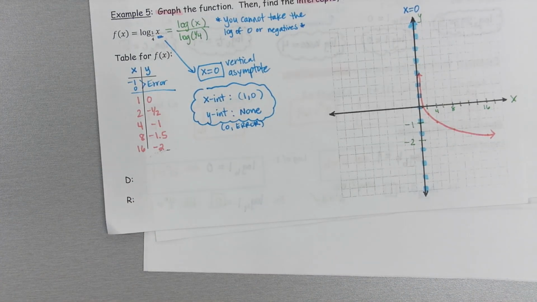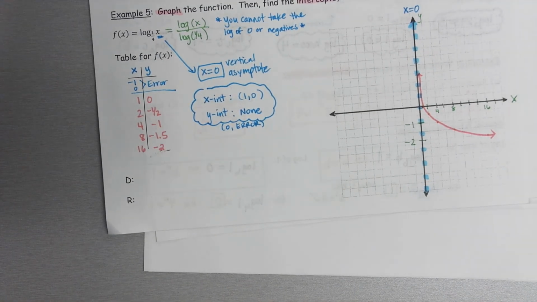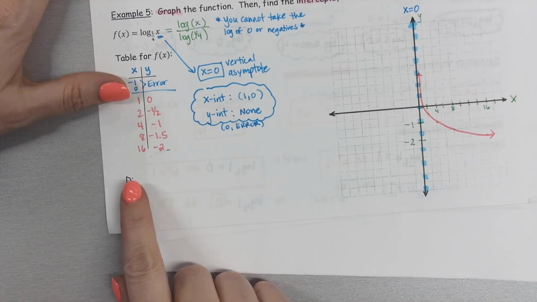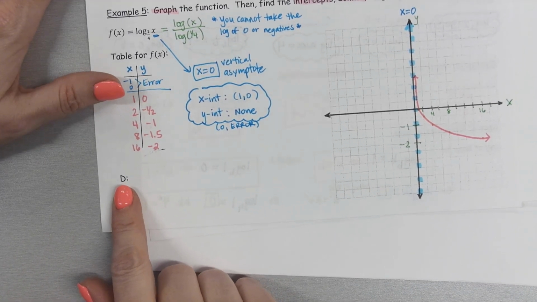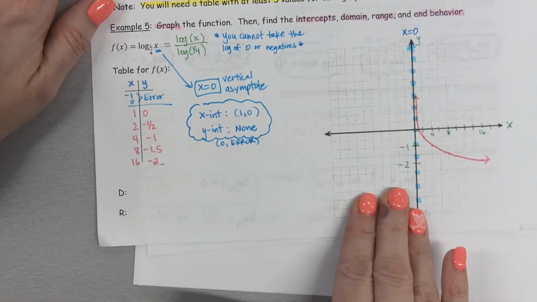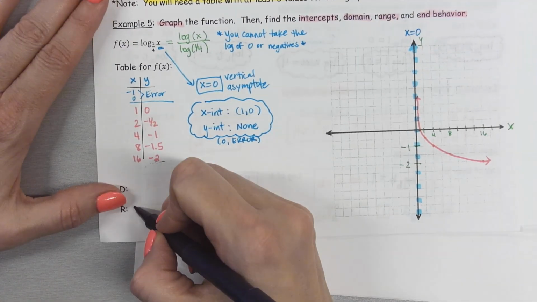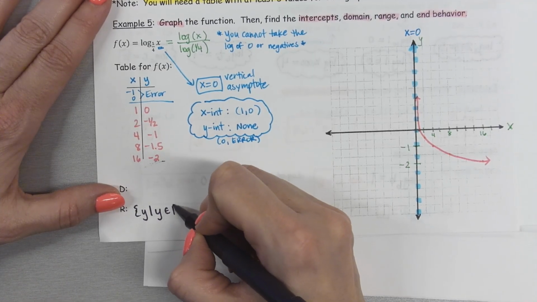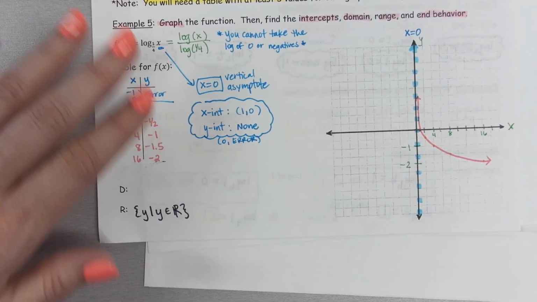Alright, and then the domain and the range. So earlier we talked about how the domain and the range are going to flip with inverses. So for exponential function, your domain was always all real numbers. So now what's going to be all real numbers? The range. So it's going to be y such that y is an element in the real numbers.